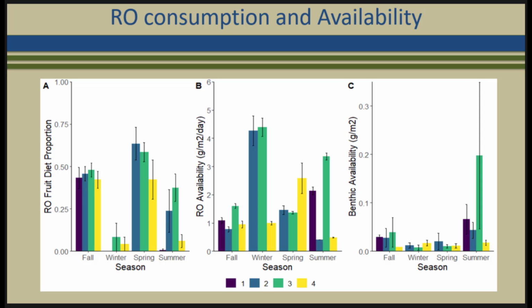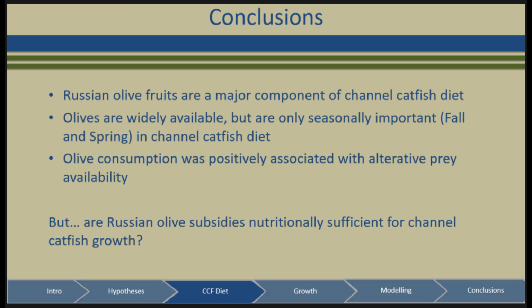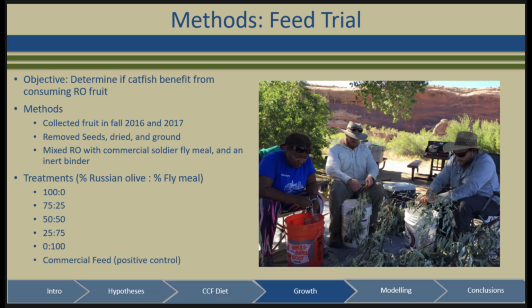Even though highly available in the winter, there was not much consumption in the winter, probably temperature dependent. Then we also didn't see much of that inverse relationship between benthic availability or alternative prey availability and consumption of Russian olive. So we really don't think it was a trade-off where they're feeding on those when other prey was not available. The takeaway from this first part is that it's an important diet item, it's very prevalent, but only seasonally important.